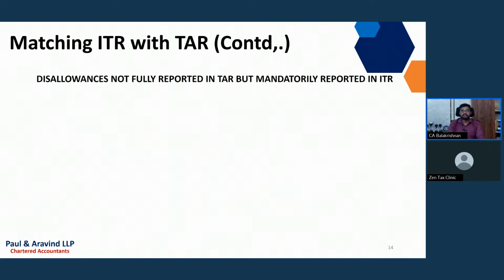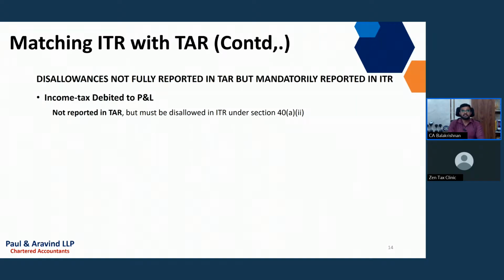And disallowance not fully reported in the TAR is mandated to be reported in the ITR. For income tax debited to P&L, in the tax audit report, for example any advance tax, income tax relating to earlier assessment years, or self-assessment tax, if debited to the P&L account, must not be reported in the tax audit report, because this is specifically covered under section 40A(2).